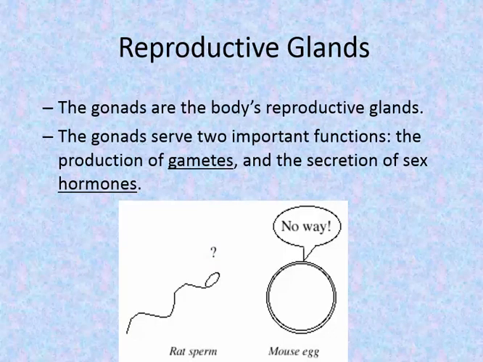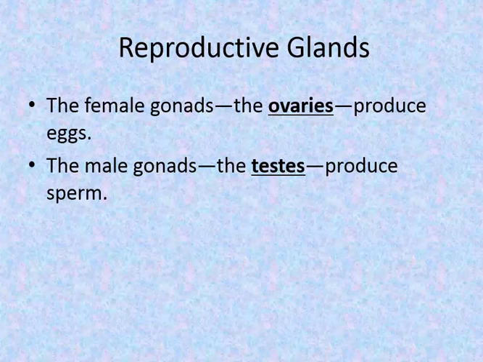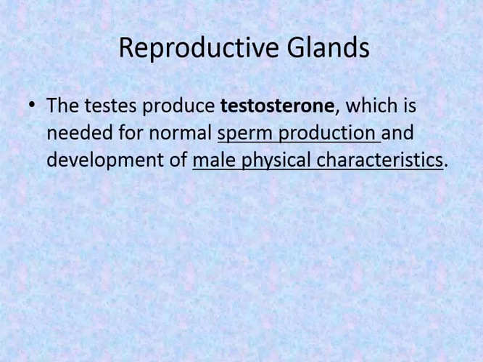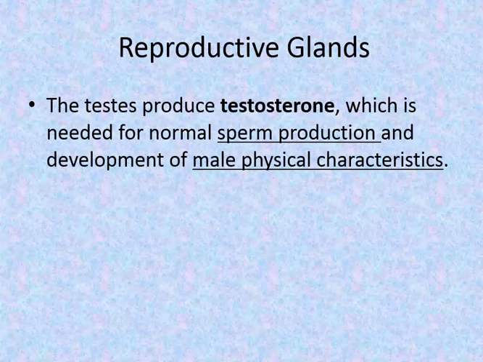You also have reproductive glands, gonads, and females have gonads also. Gonads would be your testes for males and then your ovaries for females. We should know what they do by now. We've talked about them enough this year. We know that testosterone is the one for male characteristics. There you go.